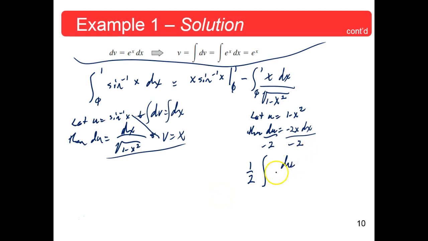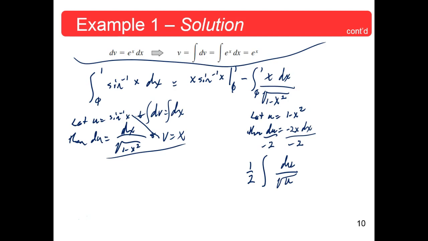So that's just du over, and what's in the denominator? Still got a square root, don't you? But what's inside that? Is it just u? The u.